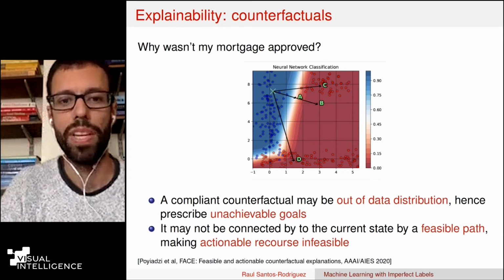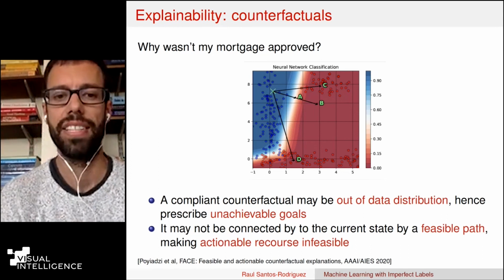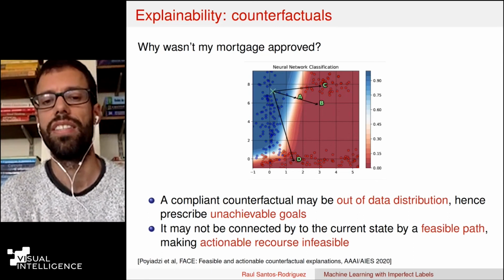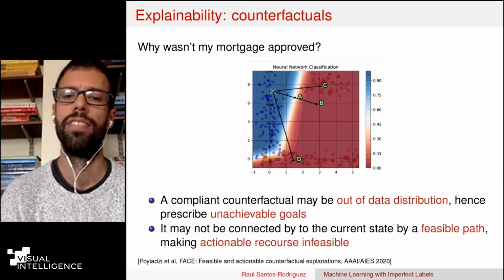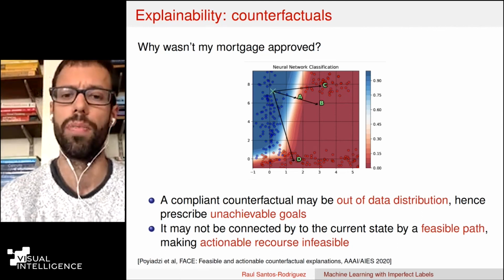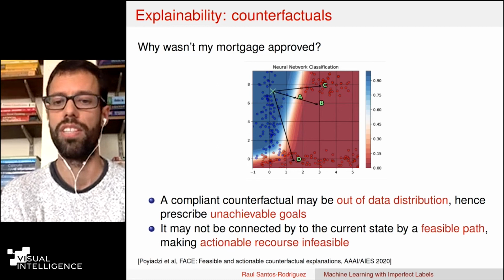So an example of that would be trying to explain the X in the picture and then returning A as the first point as soon as you cross the boundary of a classifier. Some people claim that actually what you should do is to return B because that protects you a bit more to small changes in the decision boundary.